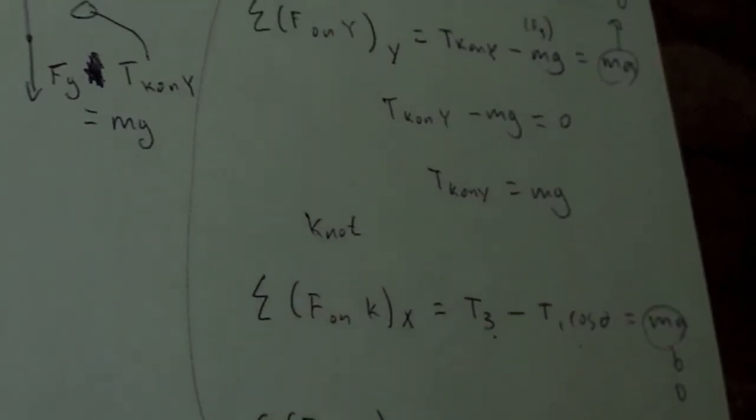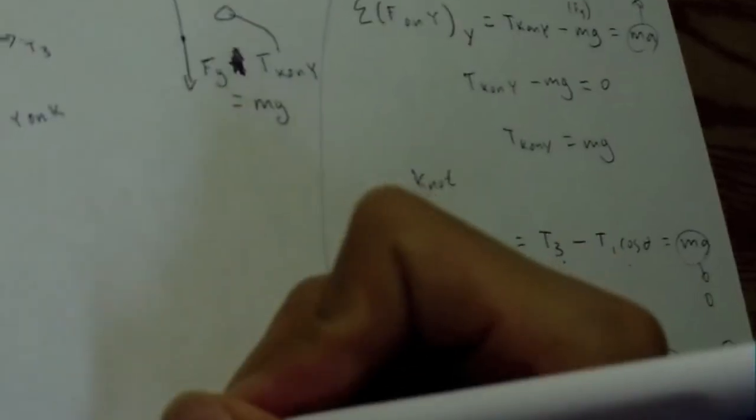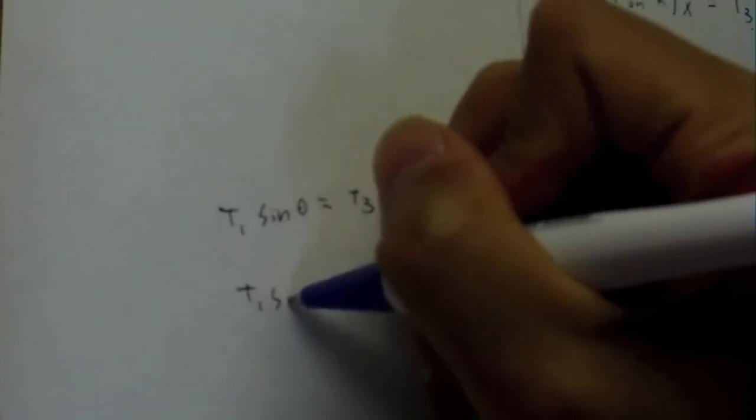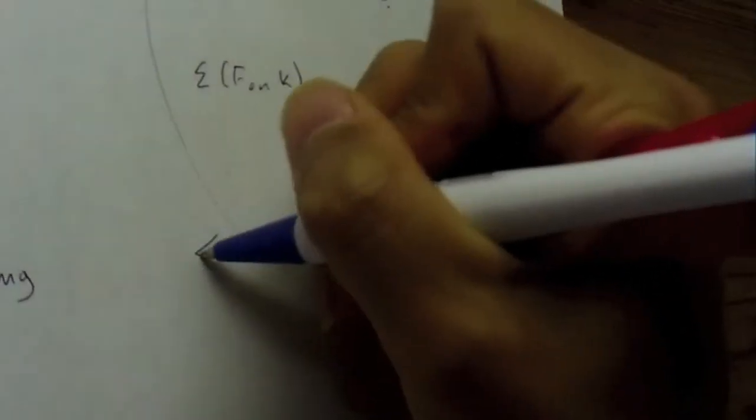So we're gonna put all this together, I think. T1 cosine theta is going to be T3 because of this. Then T1 sine theta is going to be mg because of this.